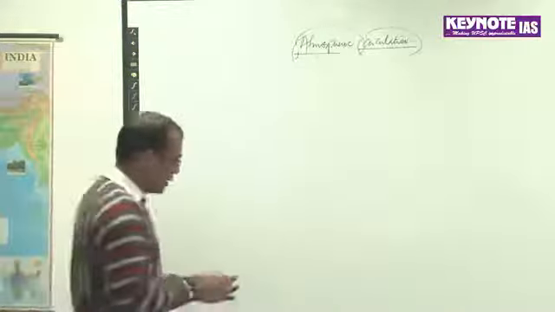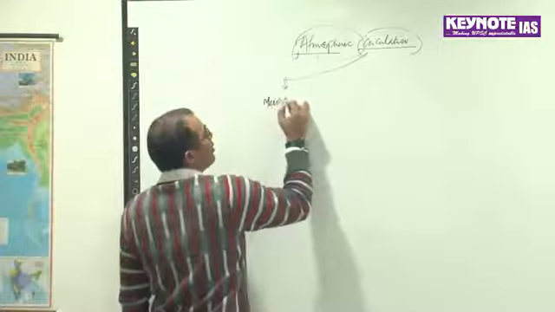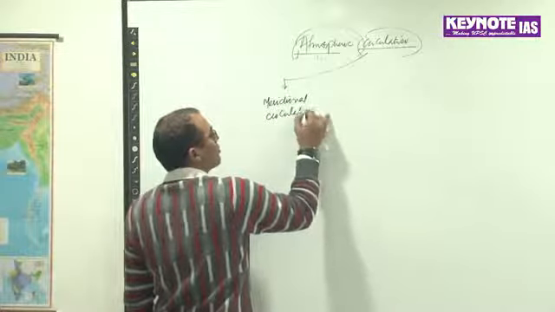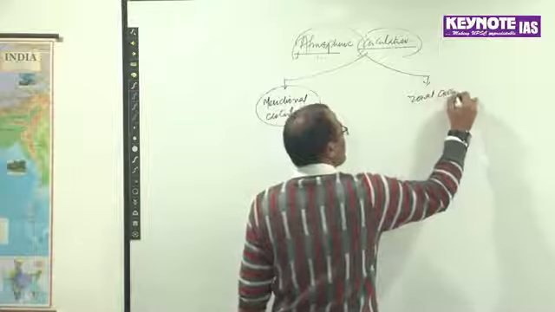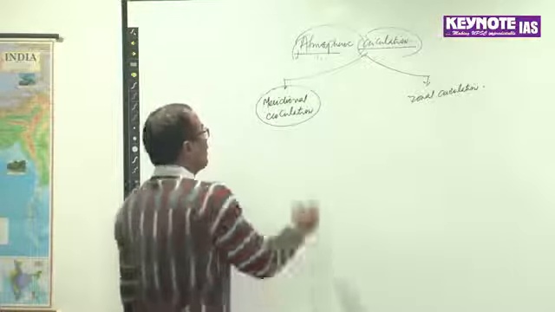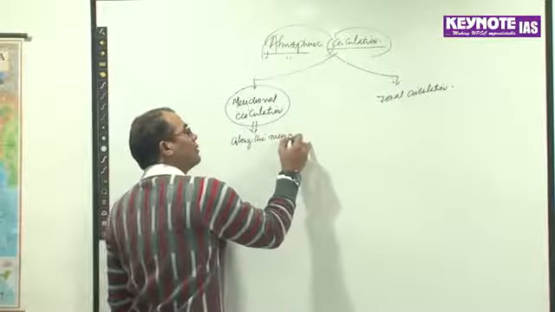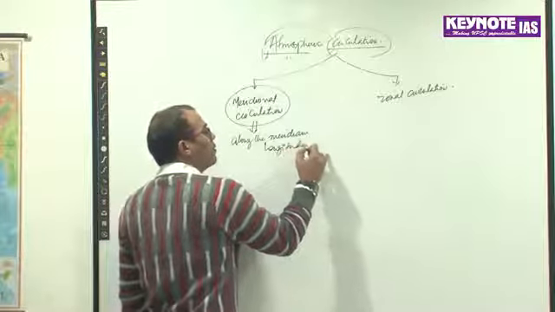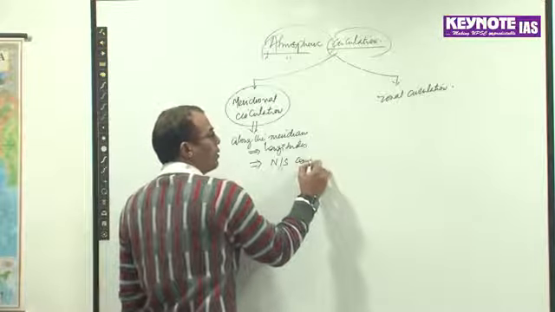There are various ways to discuss it and questions may be asked. First is meridional circulation, and the second is zonal circulation. Meridional is along the meridians, that is longitudes, the north-south component.